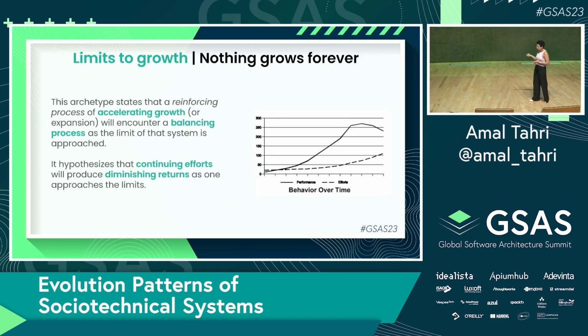What happened in the case of this client is what we call limits to growth. So this client has been a leader in his field for 40 years. There was no competition, business was good. He didn't find the need to modernize his system because everything was working fine. And limits to growth is just a fancy way to tell you that nothing grows forever.